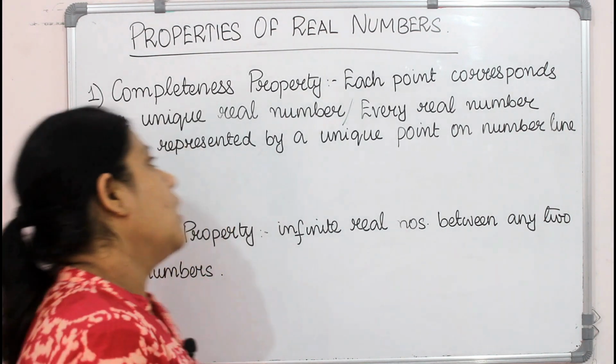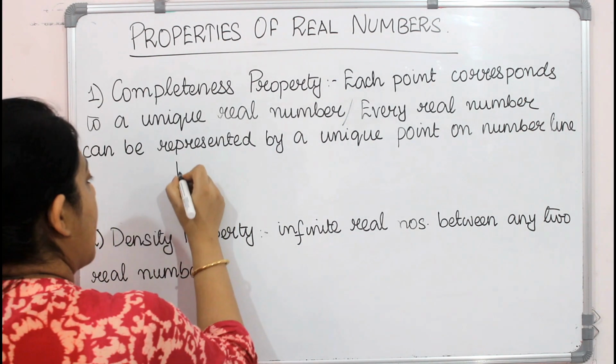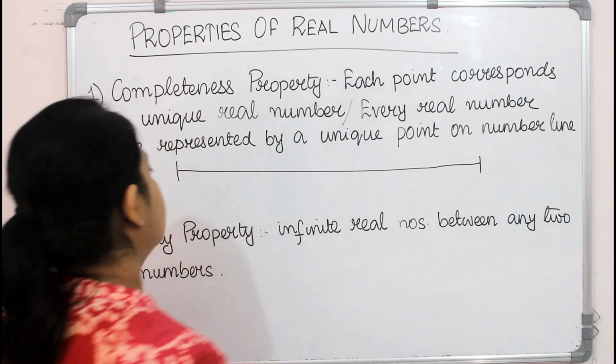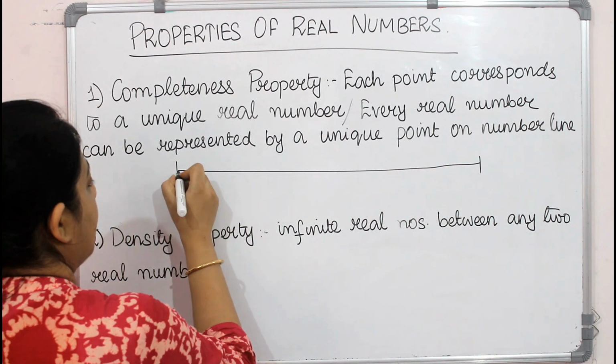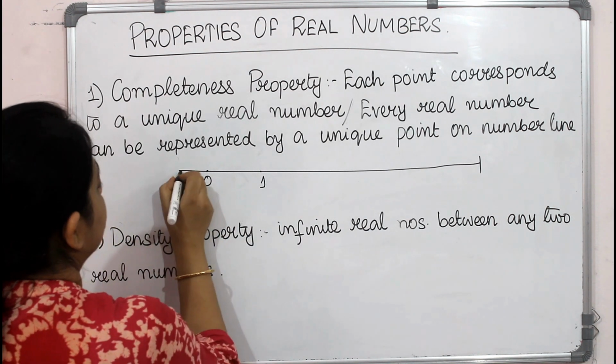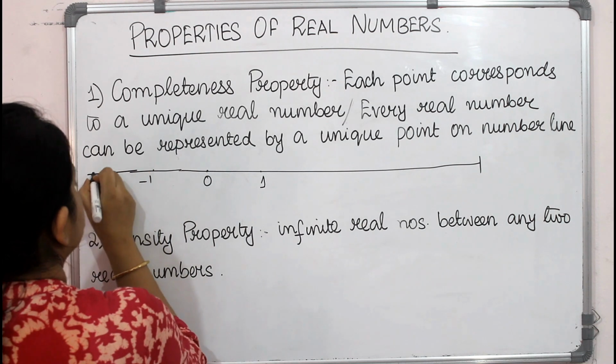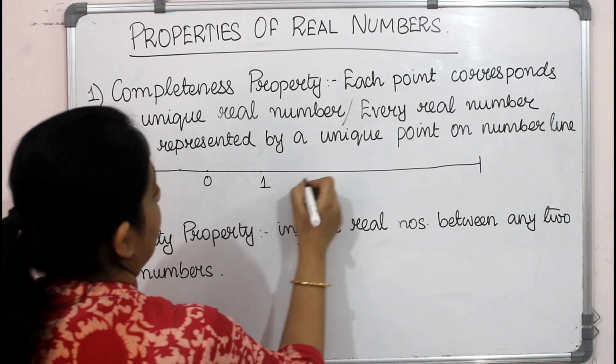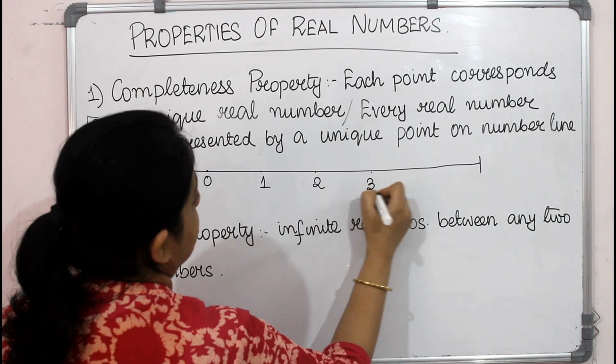If we draw a number line, I am starting from 0, 1, and of course here it will be minus 1, minus 2. Then 0, 1, 2, 3, 4.